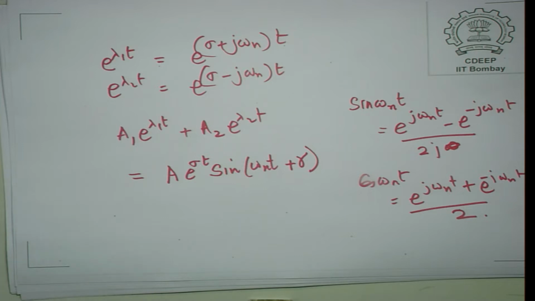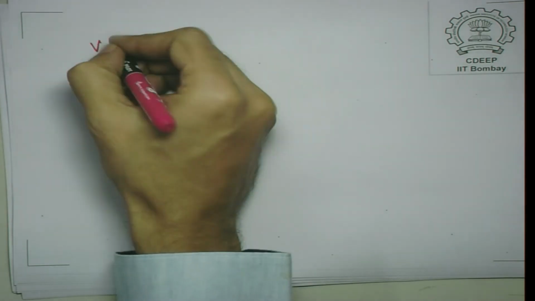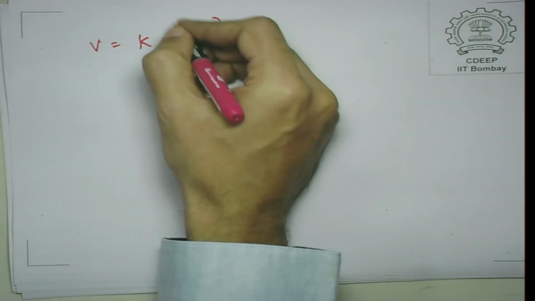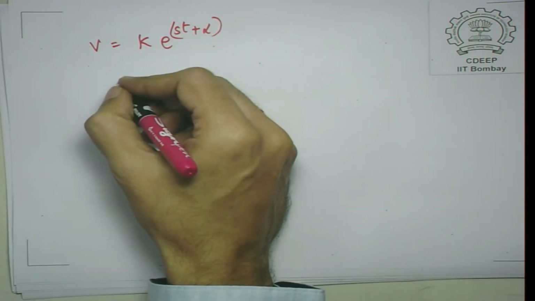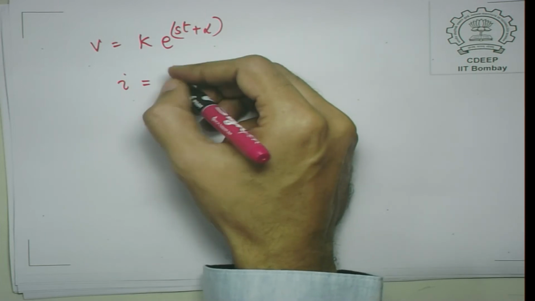There are two initial conditions here, that of the inductor current and of the capacitor voltage, which are of course associated with the differential equations of the circuit. So, your final response is, if your input is k e raised to st plus alpha, your response of current and in fact also of voltage, the nature of response would be similar.